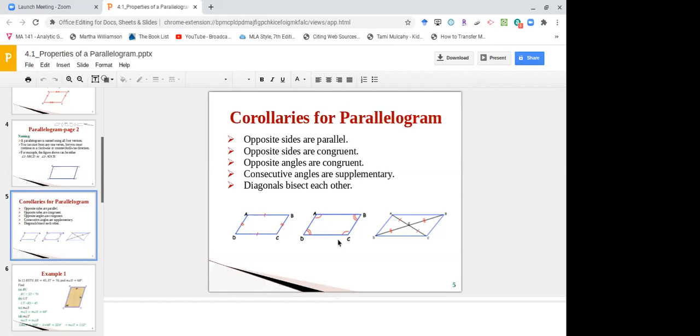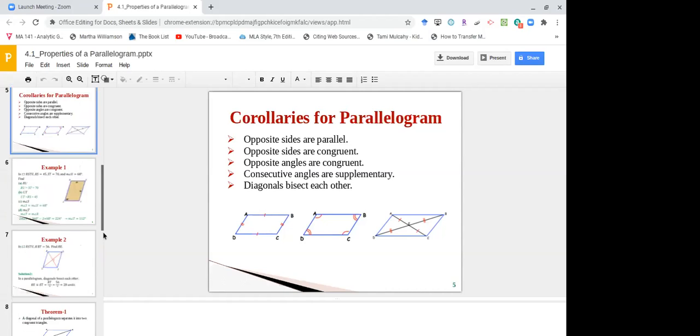A and C are not consecutive, they're opposite angles, okay? So opposite angles are congruent, and consecutive angles are supplementary. They add up to 180 degrees, and it turns out also that diagonals bisect each other. So diagonals meet in the middle of each other and create two sets of congruent segments.